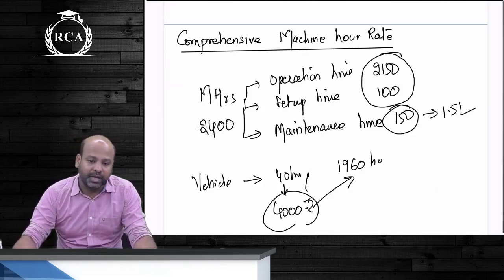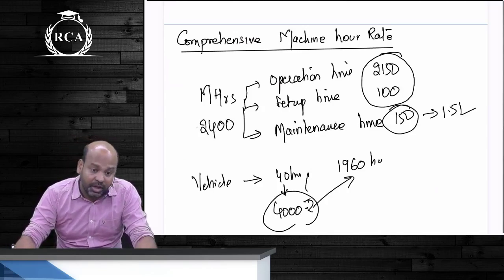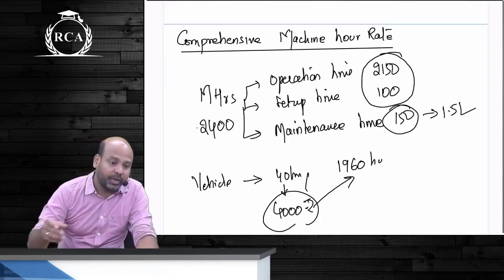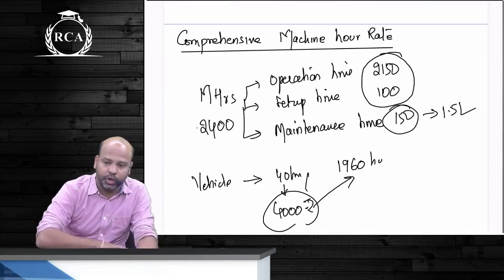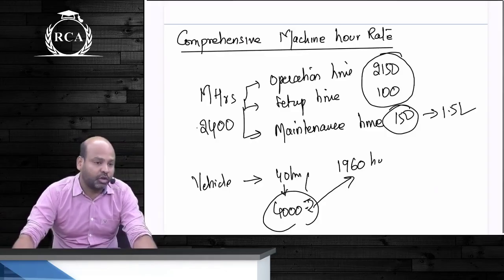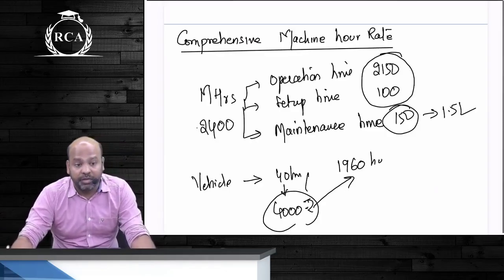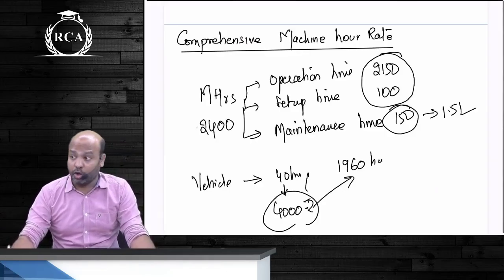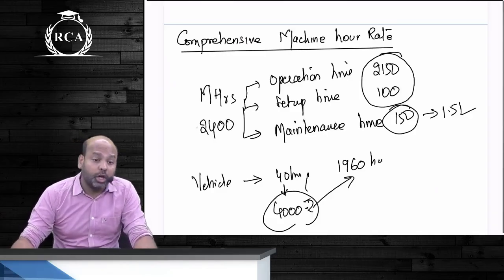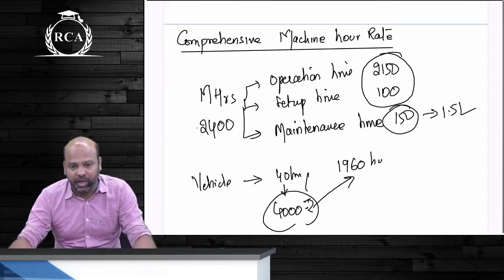Practical capacity takes Sundays, holidays, normal idle times into consideration. Normal capacity is what you have been achieving over the past couple of years or what you intend to achieve over a longer period of time. Actual capacity is actual utilization in a given period. The difference between installed capacity and normal capacity will become your normal idle capacity. The difference between normal capacity and actual capacity will become your abnormal idle time.